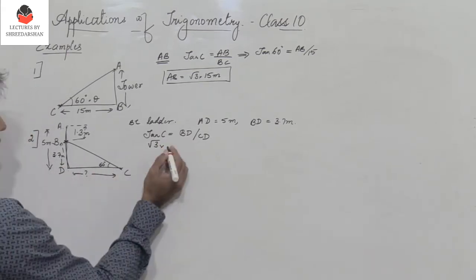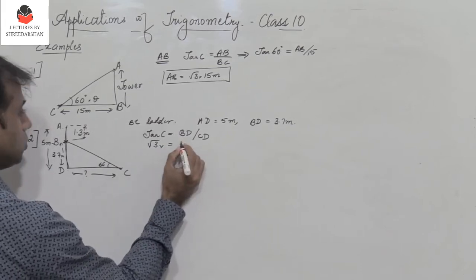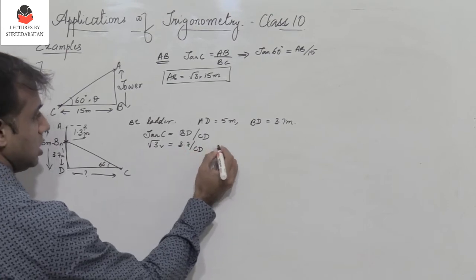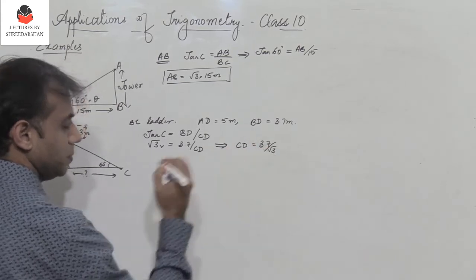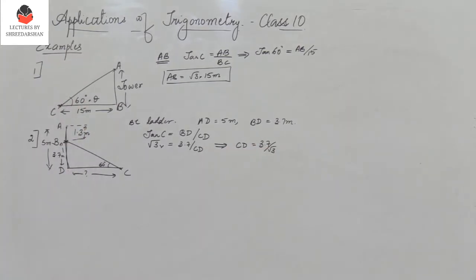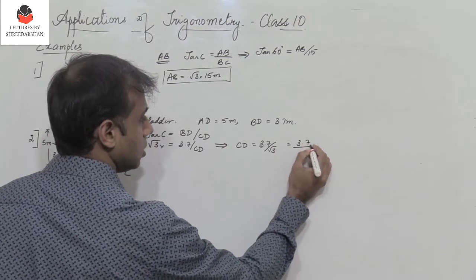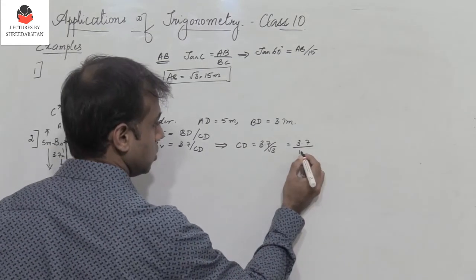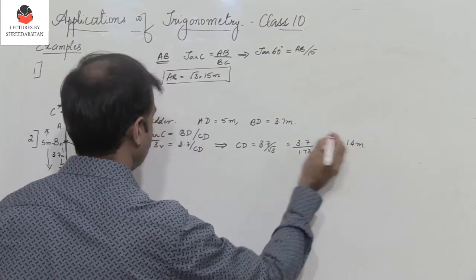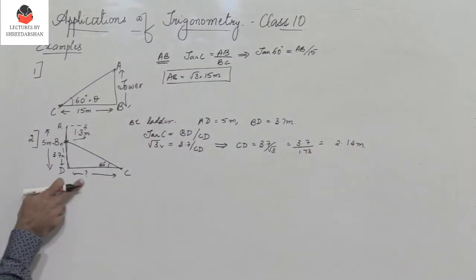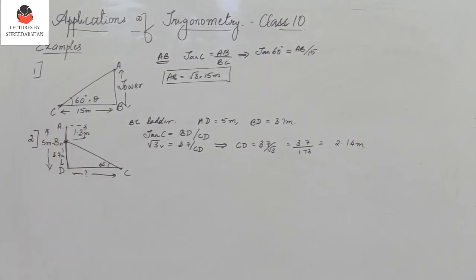So root 3 equals 3.7 divided by CD, which implies CD equals 3.7 divided by root 3. Here it has been given that I can use root 3 as 1.73. So root 3 is nothing but 1.73, and I get 2.14 meters. So the ladder is placed at a distance of 2.14 meters from the electric pole.